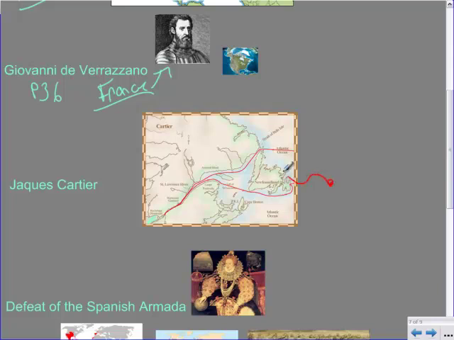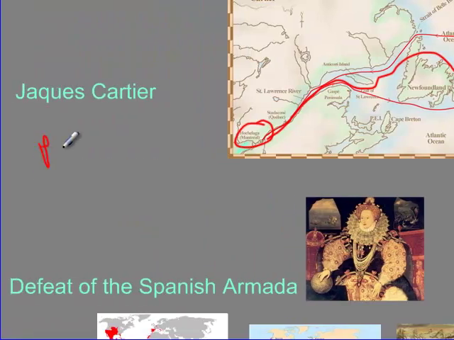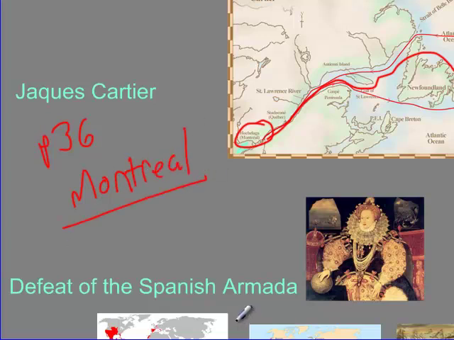So he goes through this and then comes in here and goes down, and then he eventually lands in what would become Montreal down here. So Jacques Cartier is also on page 36, and I would focus in on him landing in what would become Montreal. So yeah, Jacques Cartier. All right.